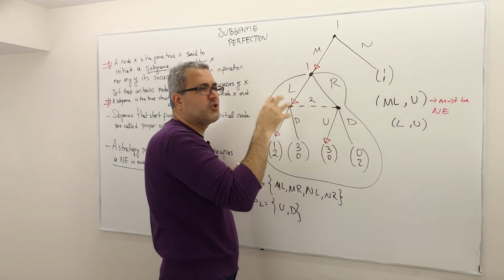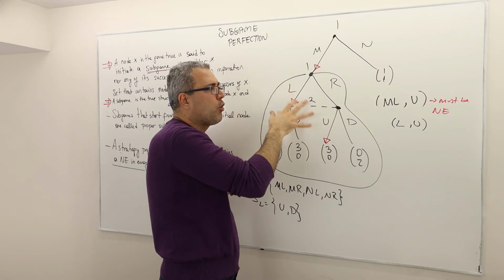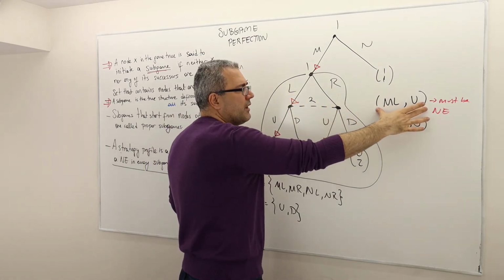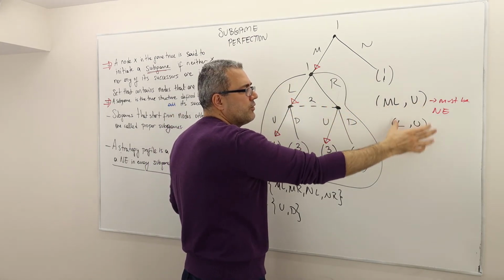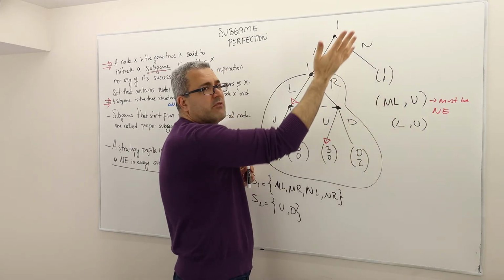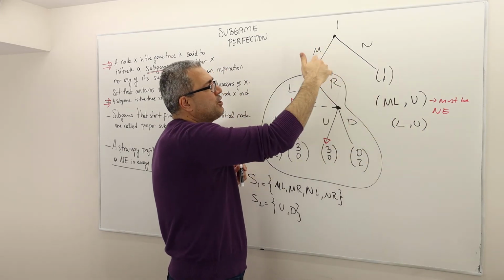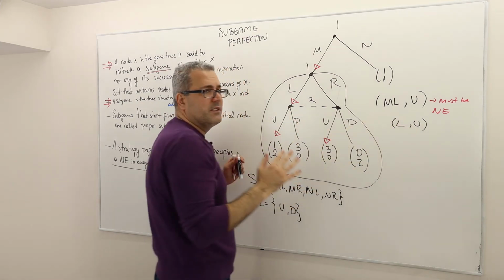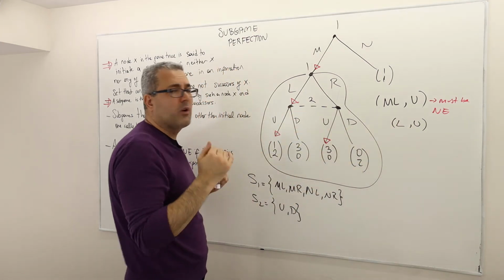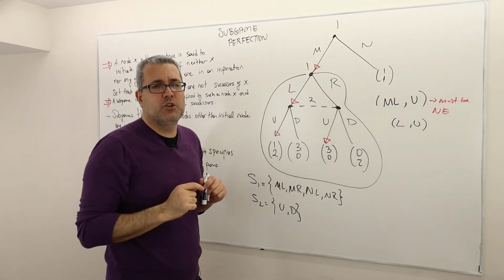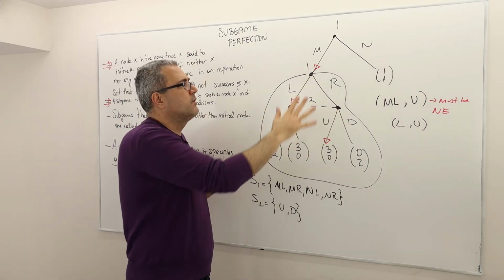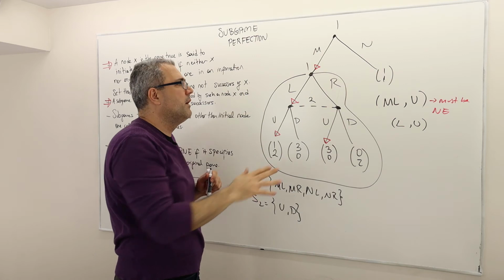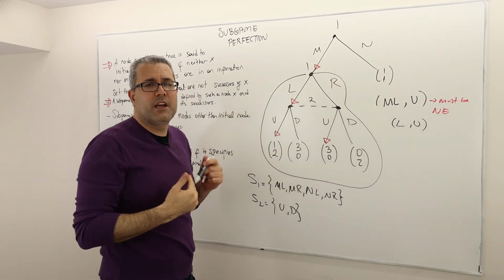But when we concentrate only on this proper subgame, this strategy profile is reduced to this one, because M is irrelevant, since this action M is outside of this subgame. So it's LU, this is the strategy profile. The question is, is this a Nash equilibrium in this subgame? Forget about the rest of the game. LU, will it form a Nash equilibrium?